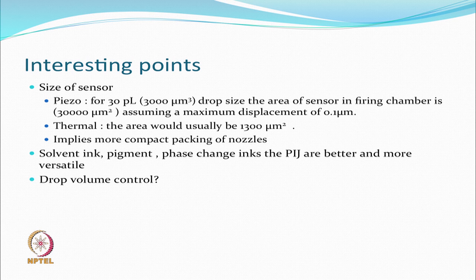The only thing you can say is either you fire or you do not fire, or you control the voltage. If you can control the voltage, the total displacement can be controlled. So, there is some advantage of piezo also, and therefore drop volume control can be done relatively easily, because the dimensional change of a piezo is fixed based on the voltage that you supply.